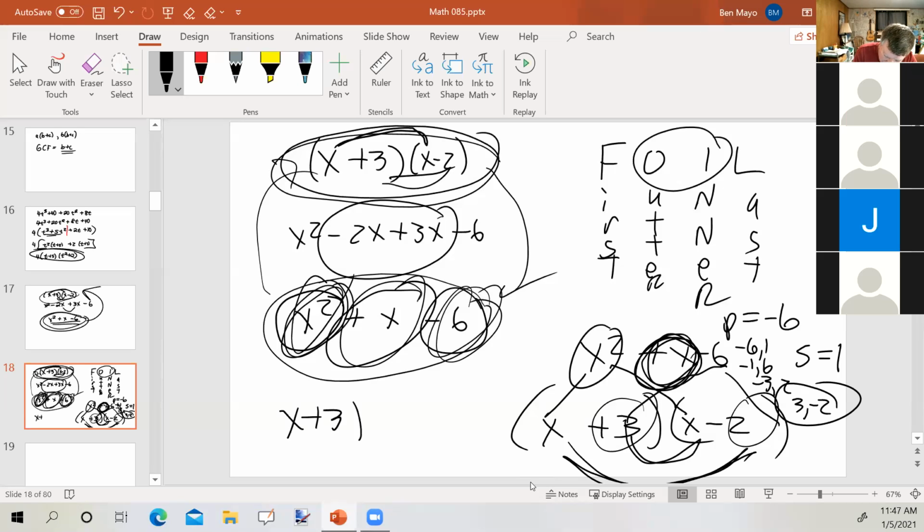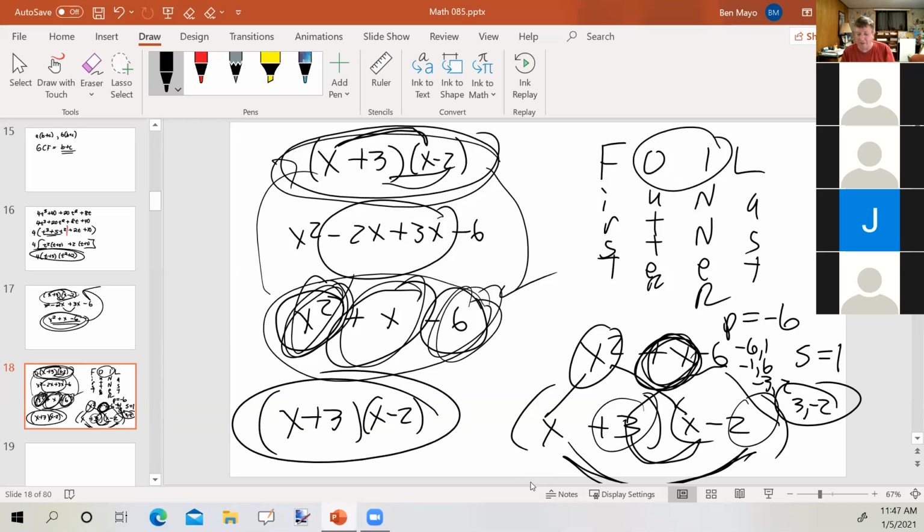So x plus 3, x minus 2, and there's my answer of having factored that trinomial. And I know this is a big mess. The next problem won't be quite so messy, but the key is that we're looking for a product that's equal to that number and a sum that's equal to this number's coefficient.